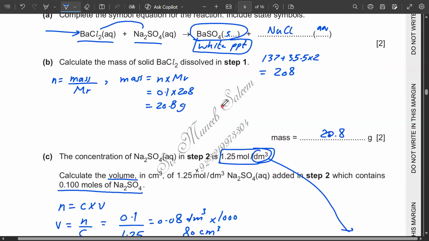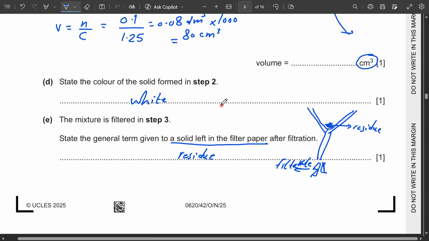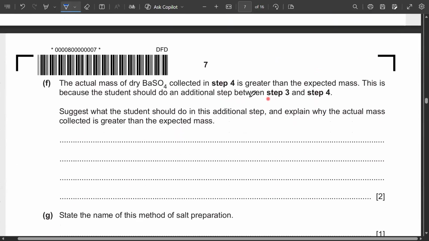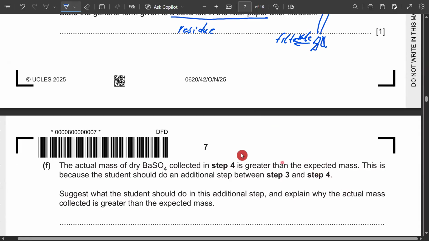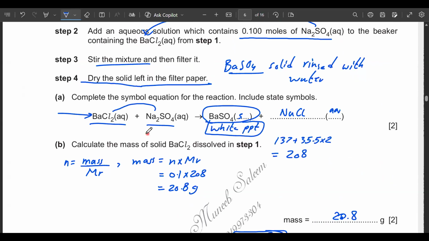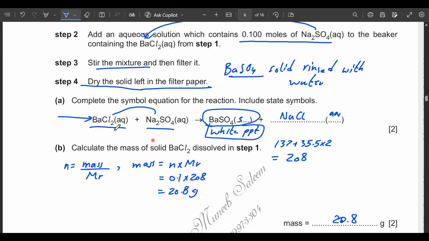Along with that, we have to also explain why there could be the higher mass produced. If we look back in the equation, we remember that in the equation there was the sodium chloride formed.